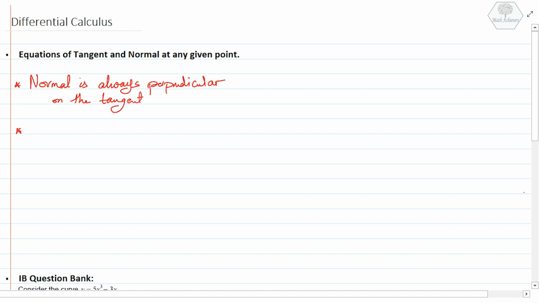So I know that the gradient of the normal is equal to -1 over the gradient of the tangent. And you have to know that the normal and tangent are straight lines.